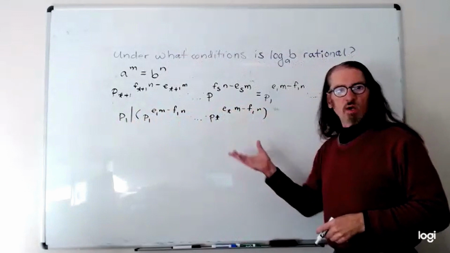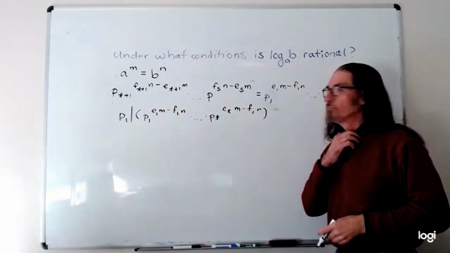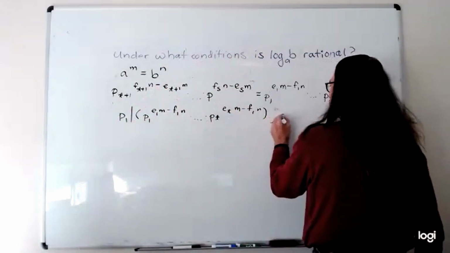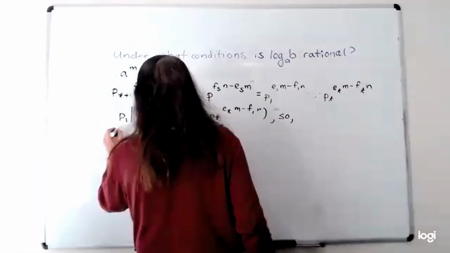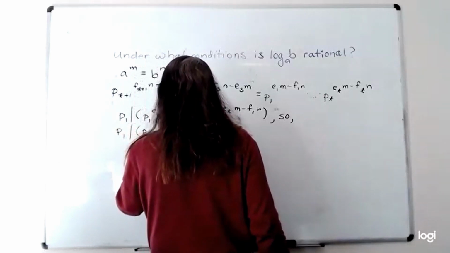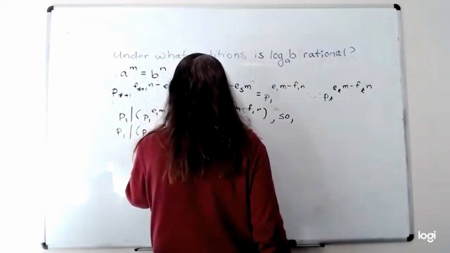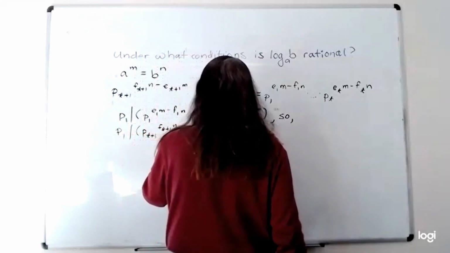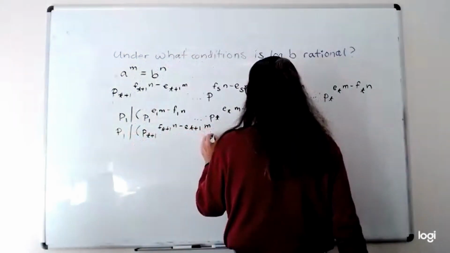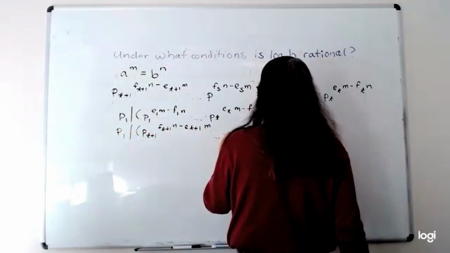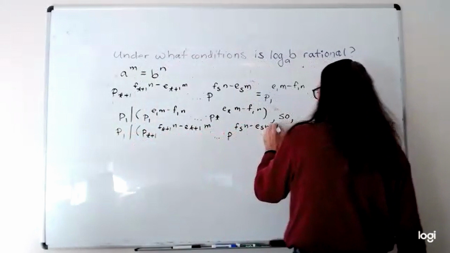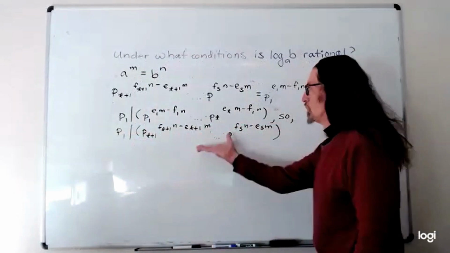Provides this product. By the way, that has nothing to do with Euclid's lemma. However, since this side equals this side, then p sub 1 would divide this.